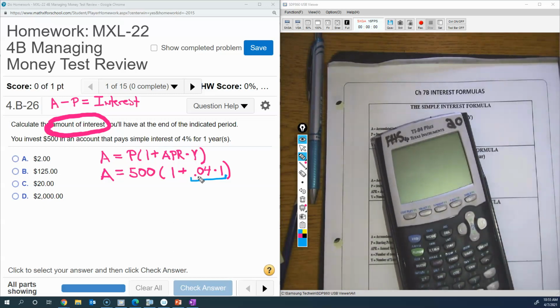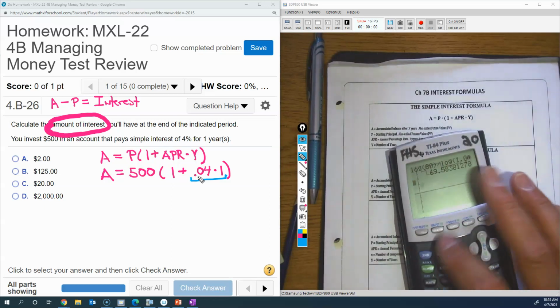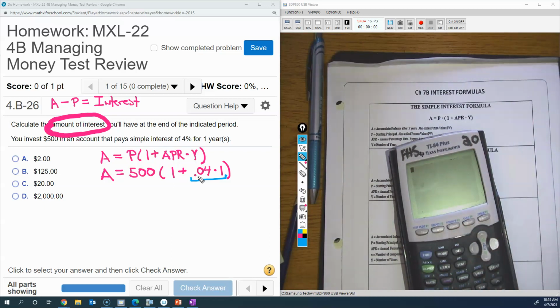So 0.04 times 1 doesn't change anything. But if it was other than 1, it would change stuff. Okay. So then I've got that times 1, which doesn't change anything. Then I add it to 1. Once I've done that, this whole part now becomes 1.04, and now I'm going to multiply that by my 500.